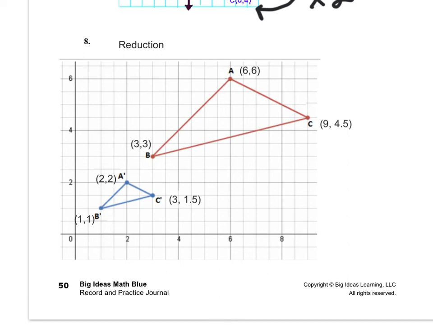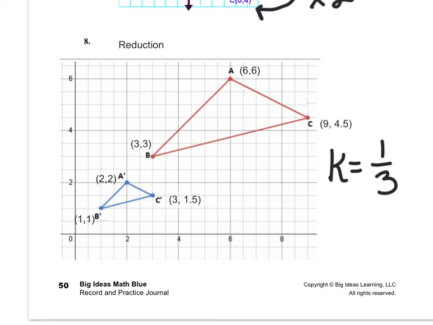The answer would be multiplying by 1/3. Understand that when you have a dilation that is a reduction, the scale factor has to be less than 1. Therefore, it has to be a fraction. Okay, so that would hold true. This is a reduction. You go from a larger image to a smaller image. Therefore, the scale factor has to be less than 1. We're going to make note of that at the bottom of the page as well.